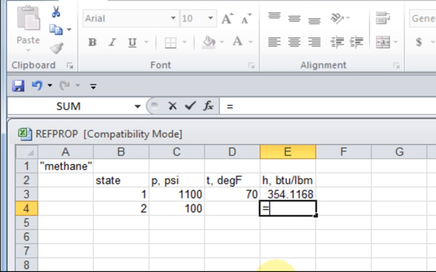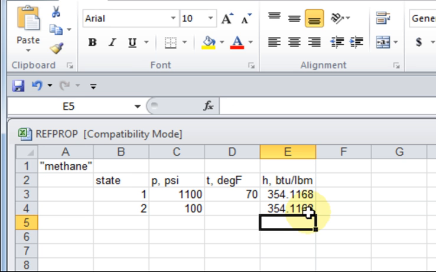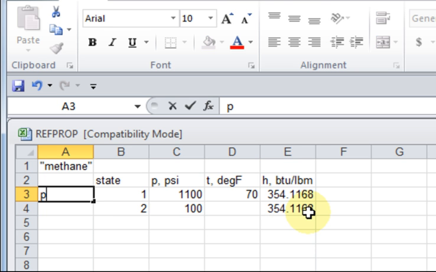I undergo an isenthalpic expansion to the next lower pressure, and now, where before the pressure and the temperature fixed the state, this time the pressure and the enthalpy fix the state.